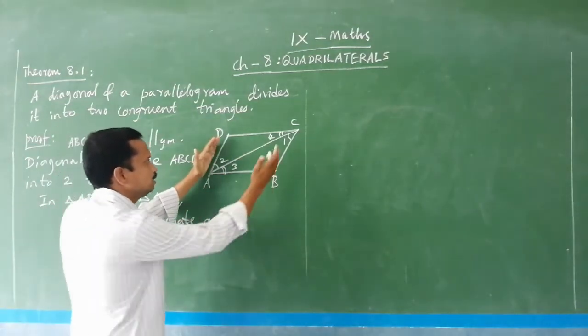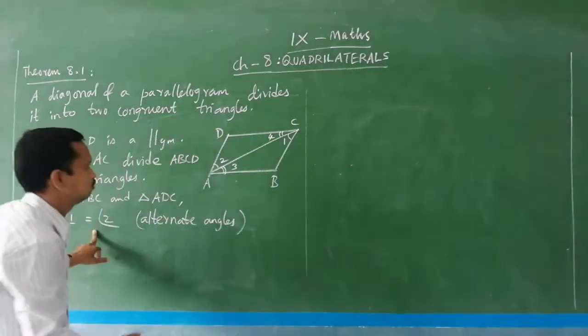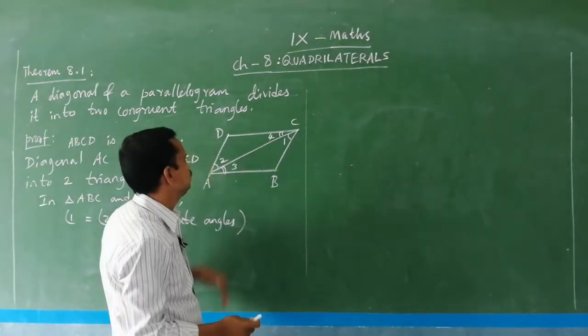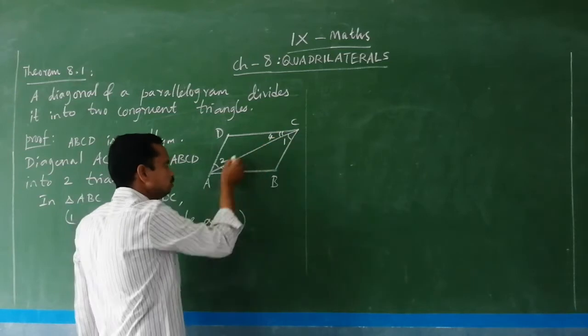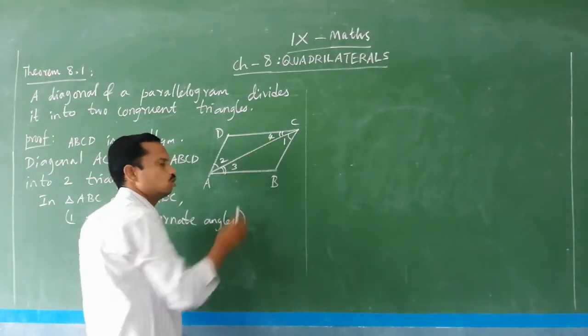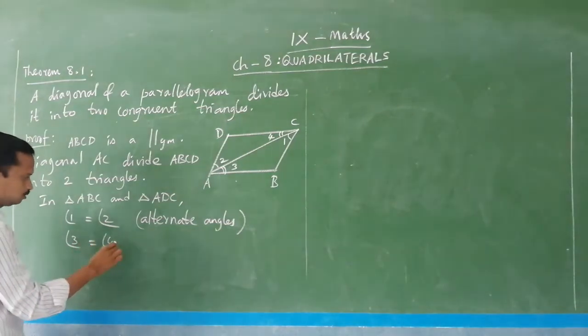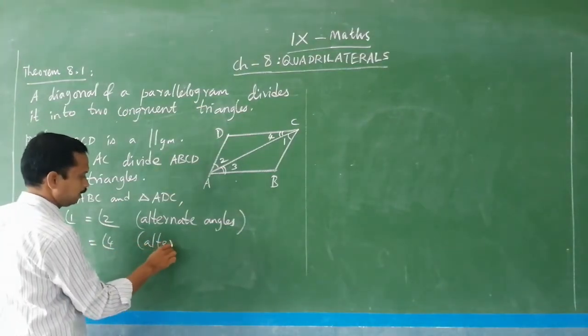So, BC and AD parallel means 1 and 2 equal, and if AB and CD parallel, and AC is the transversal, 3 and 4 are alternate angles.